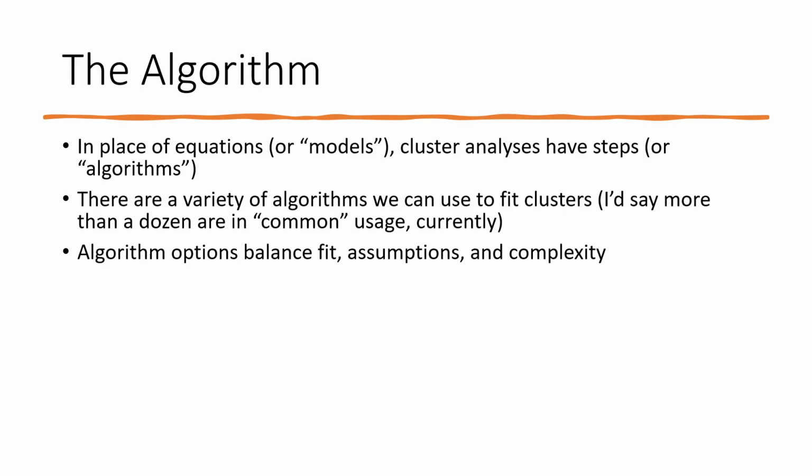So ideally, we would have something that fits very well, that makes very few assumptions, and that isn't complex at all. But typically, as we increase the complexity, the fit gets better. As we have more assumptions, the fit gets better sometimes. As we have more assumptions, maybe the complexity can be reduced or increased depending on which assumptions we make. So all these do tend to go together in some kind of a balance.